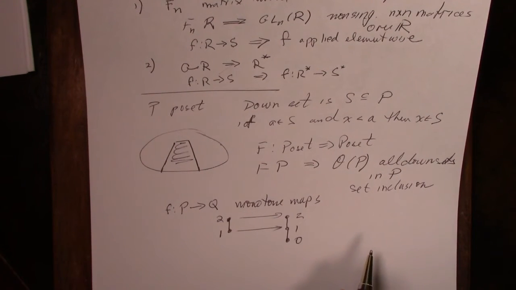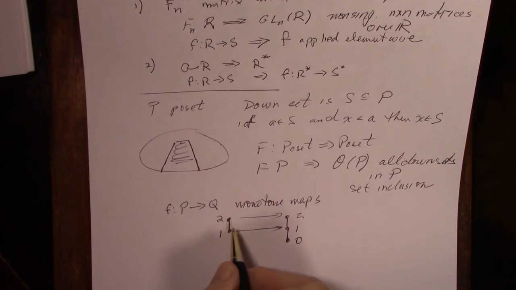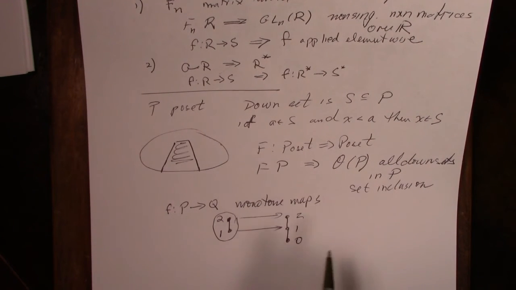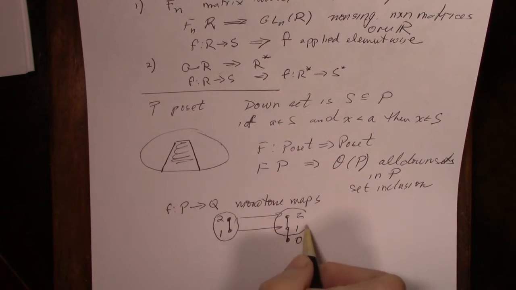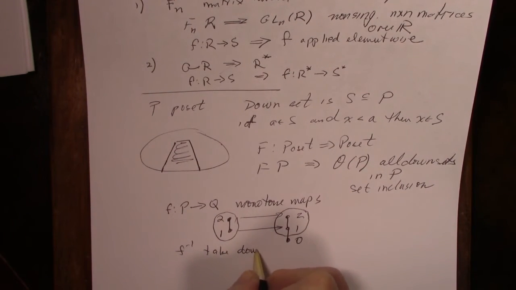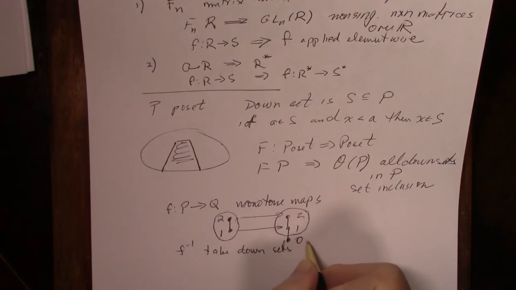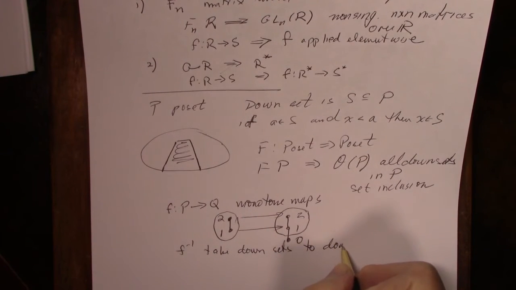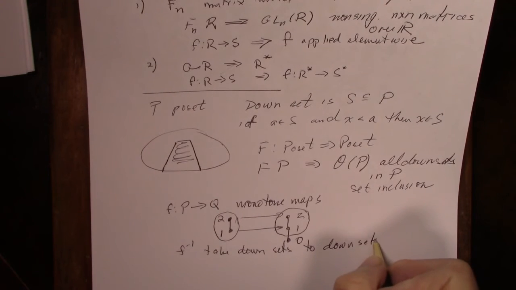That's a monotone map, but the image of this entire set, which is a down set here, is not a down set over on that side. On the other hand, F inverse does take down sets to down sets, and I'll let you sort that out.